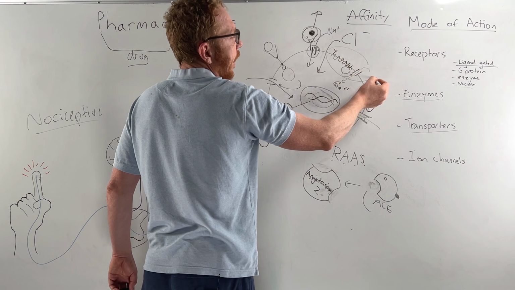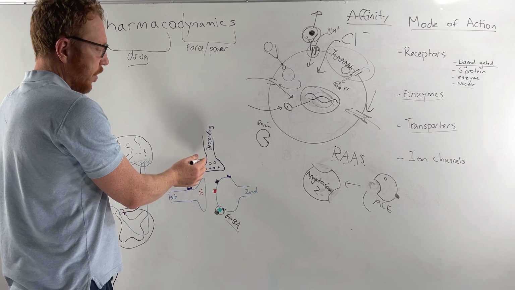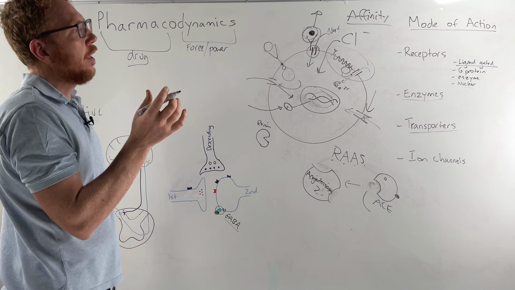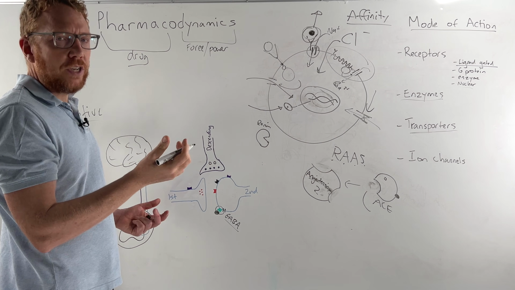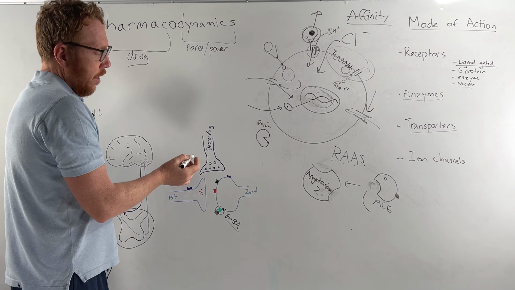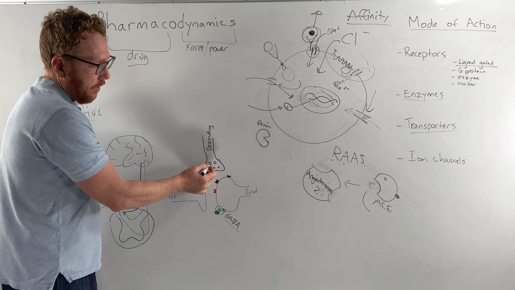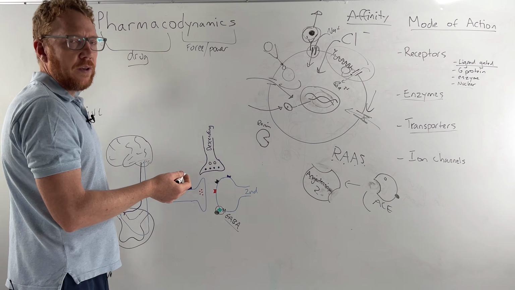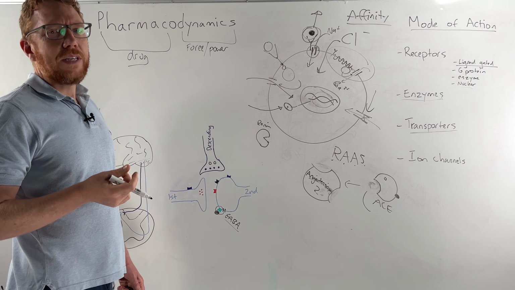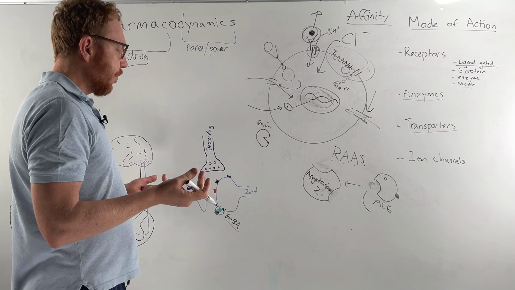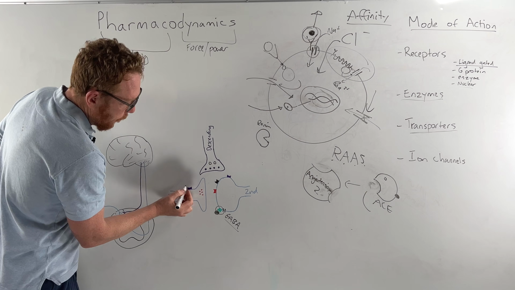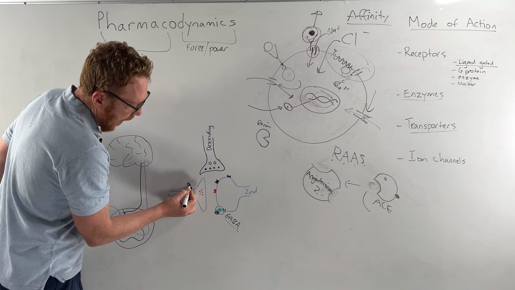We saw this here. A good example of a G protein mode of action analgesic is opioids. In this case we have our own opioids like endorphins or enkephalins, but the common opioid that we take as an analgesic would be morphine. When we take morphine, it binds to the receptors, so it's an agonist.